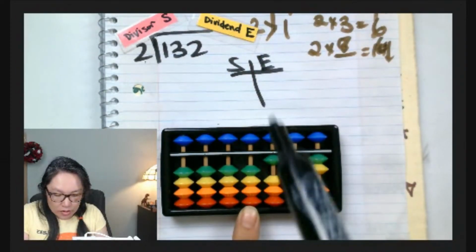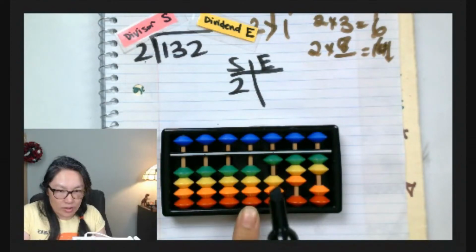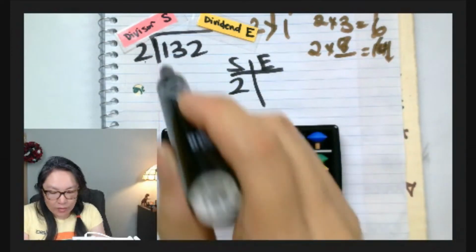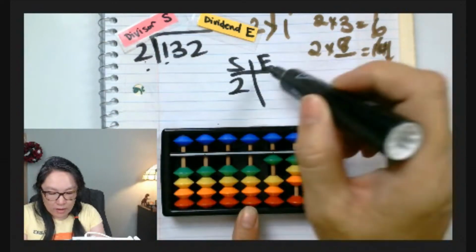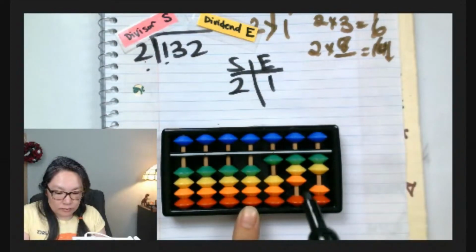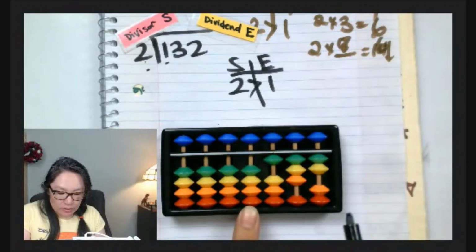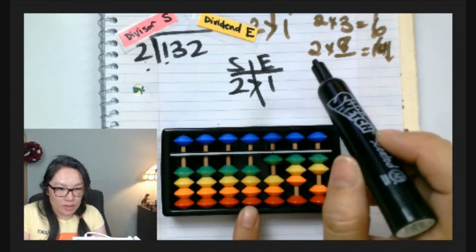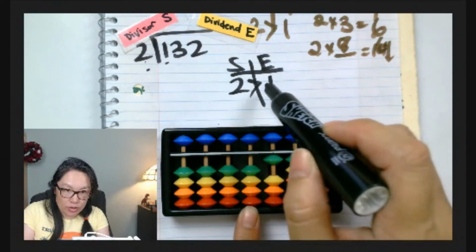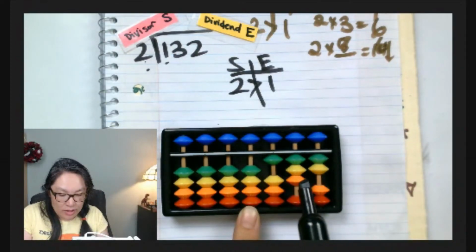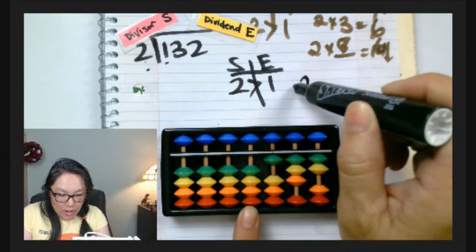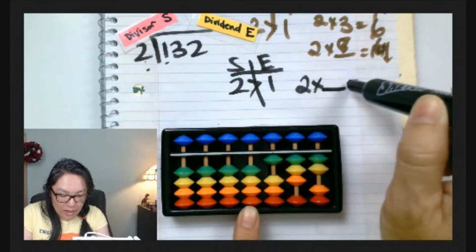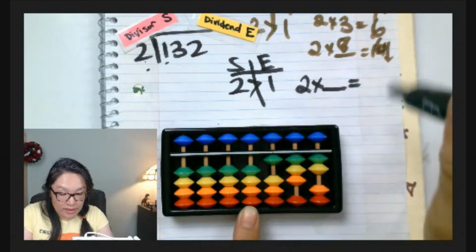So my 2 is my divisor. I only want to compare the one number, right? So 1. My divisor is bigger. Because my divisor is bigger, you can't divide 2 into 1. That's why you need to use the second digit. Does that make sense?